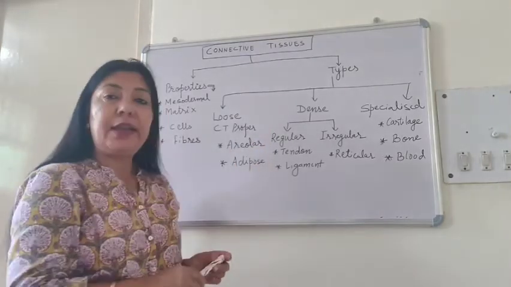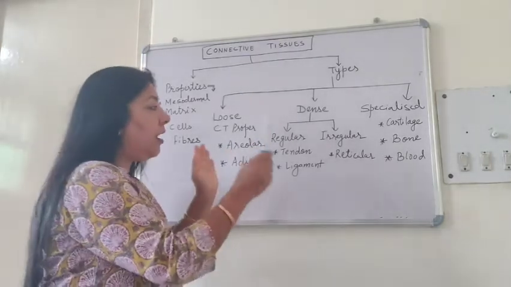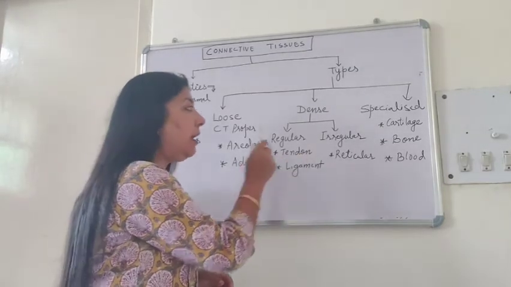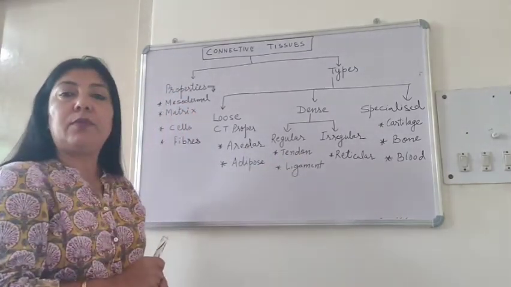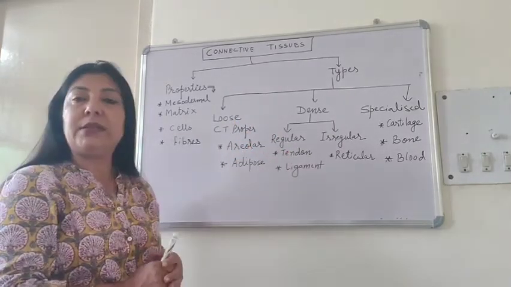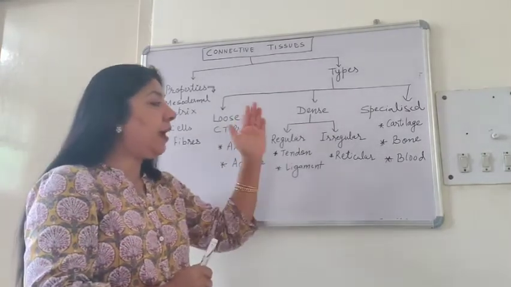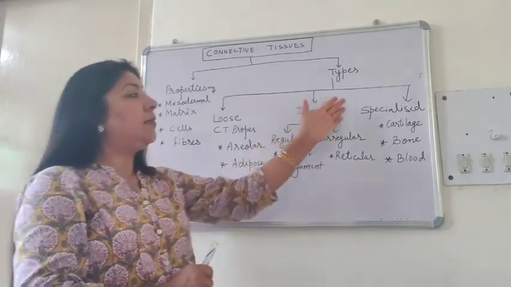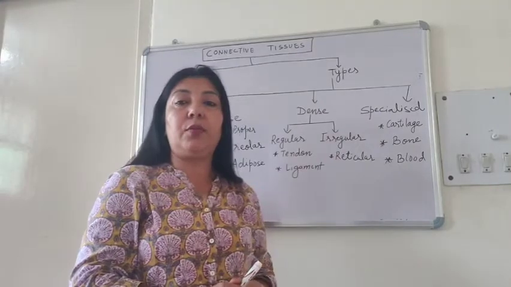Then comes the dense connective tissue. They are again subdivided into regular and irregular dense connective tissue. Regular are tendons and ligaments. Likewise, irregular are reticular. And then comes the specialized connective tissue.